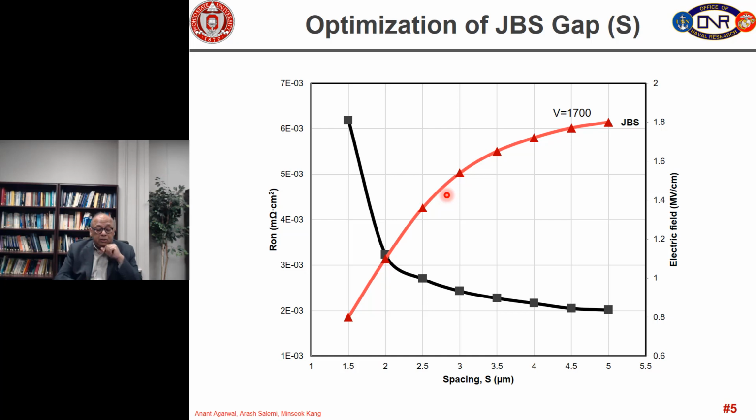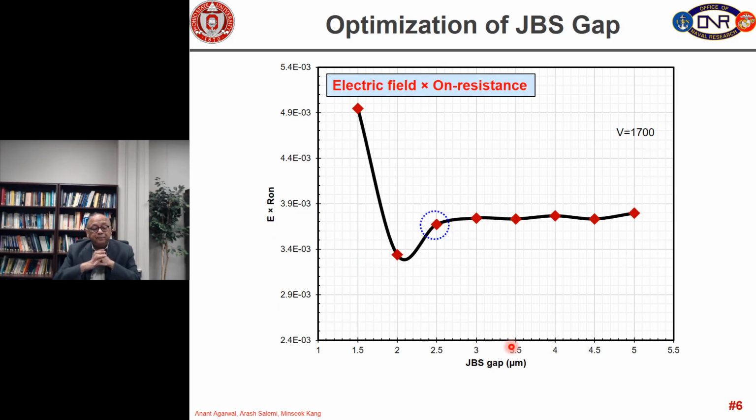So, what we can do is plot the product of the R on versus the electric field, that means the product of the black and red lines versus spacing, and that we have done here, and you can see that there is a minimum here, and that minimum is around the JBS gap of 2 micron.